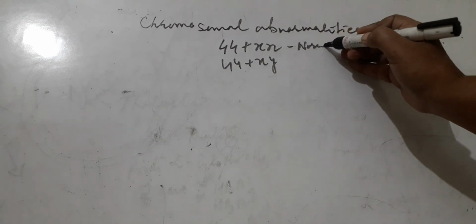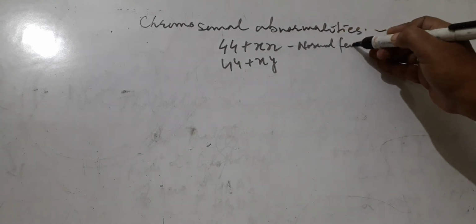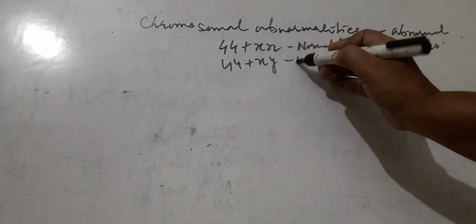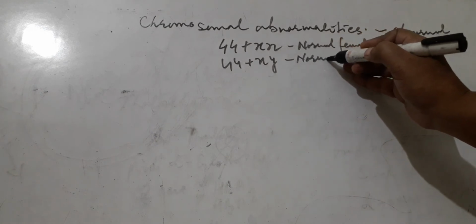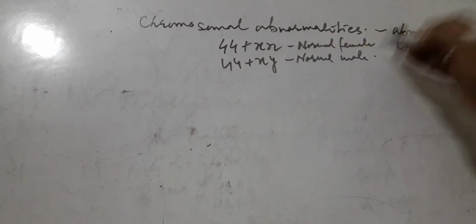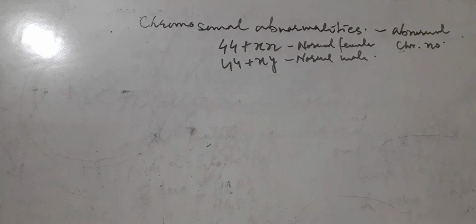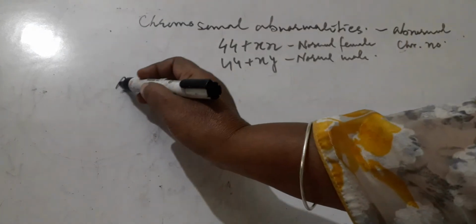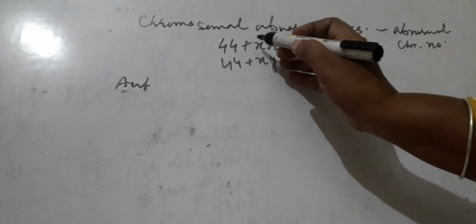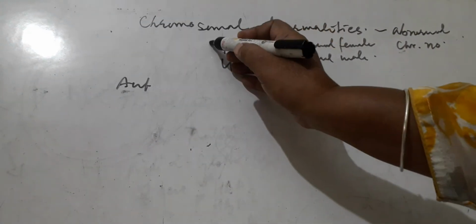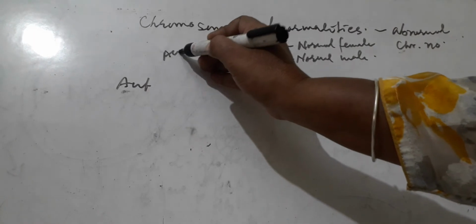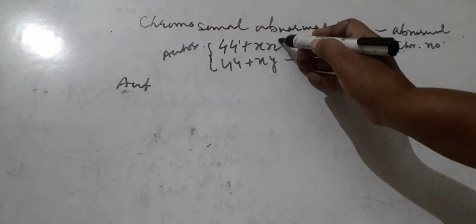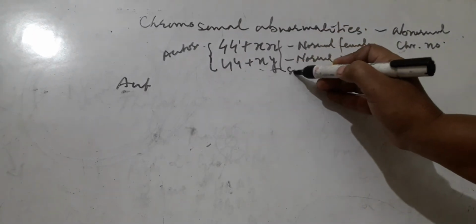Normal female and this is normal male. Now disorders are first autosomal abnormalities. As you know that two types of chromosomes, these are known as autosomes, and these are sex chromosomes.